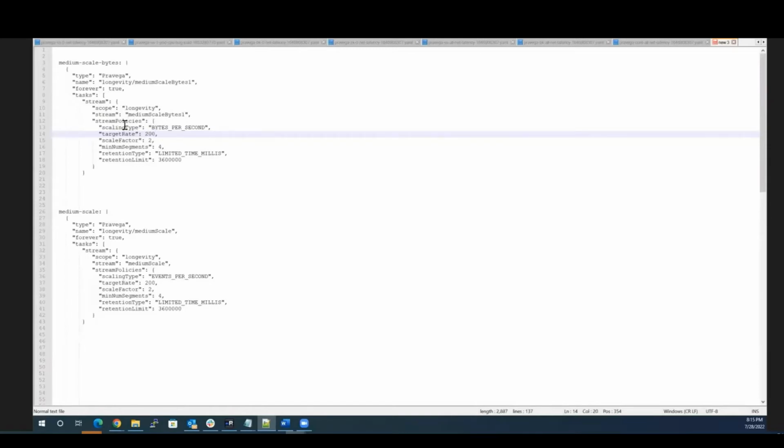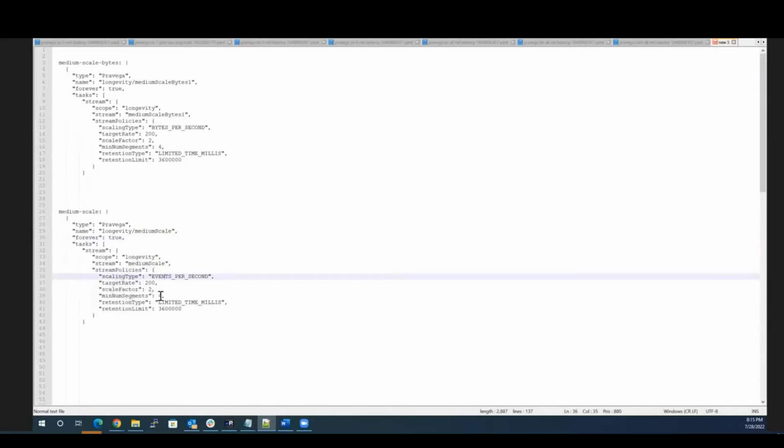The data-based policy at configuration level is defined as a bytes per second value, whereas the event-based scaling policy is defined as events per second. If we consider this particular workload, whose stream name is medium scale, there are other stream policy configurations that can be seen: minimum number of segments, scale factor, and target rate.